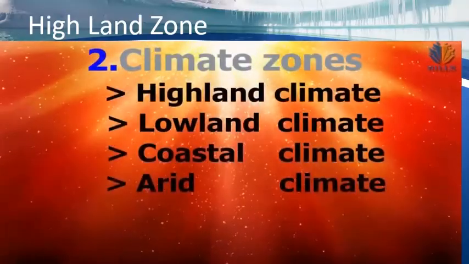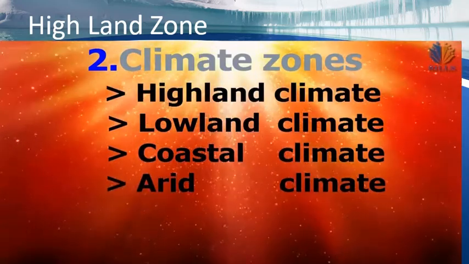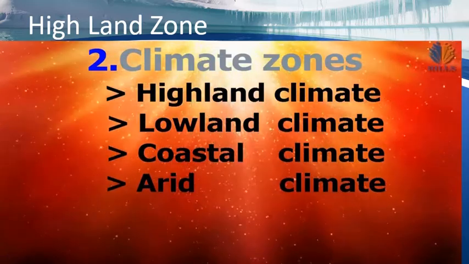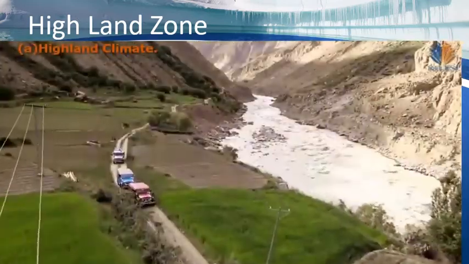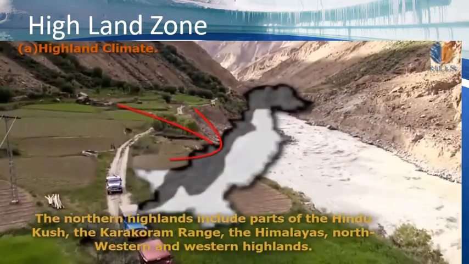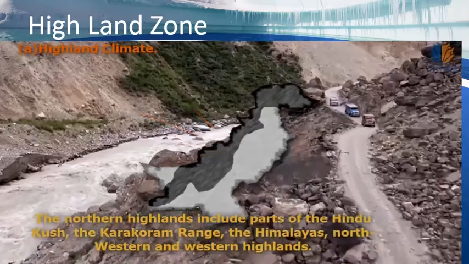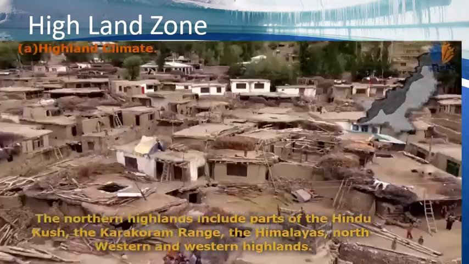Climatic zones are divided into highland climate, lowland climate, coastal climate, and arid climate. These are the climatic zones of Pakistan. If we talk about highland, we have the northern mountains, the northern highland, which includes the Hindu Kush, the Karakoram range, the Himalayas, and the northwestern and western highland.